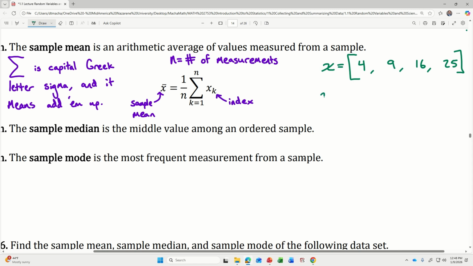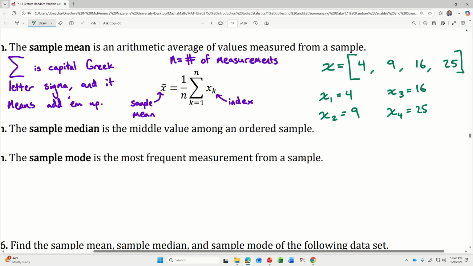I would say that x1 is 4, x2 is 9, x3 is 16, and x4 is 25. So the little subscript is telling me which measurement in my list of measurements I'm referring to. The capital Greek letter sigma says add up all of the measurements.